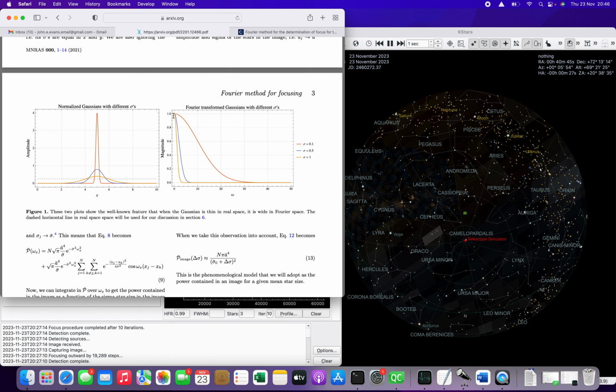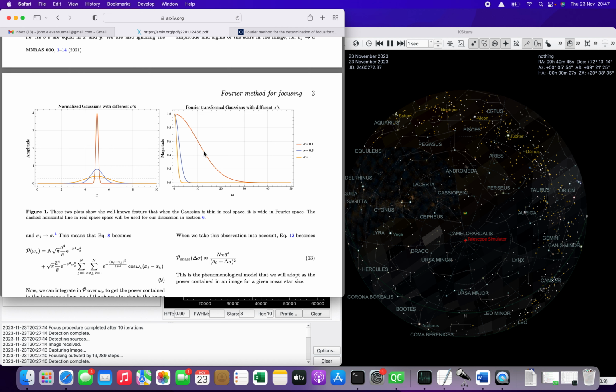what you can do once you've got this graph is calculate the area under it, and you would see that for the very wide Gaussians in Fourier space, you would end up with a larger area.